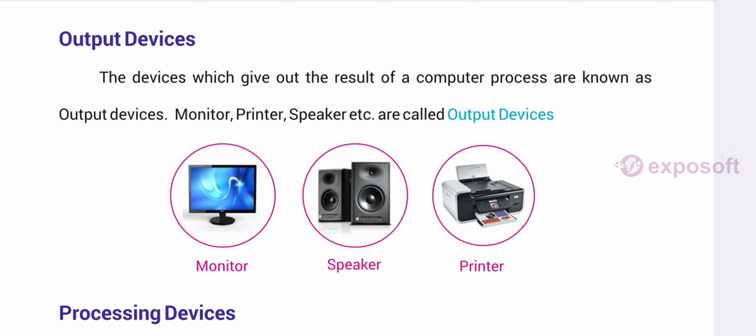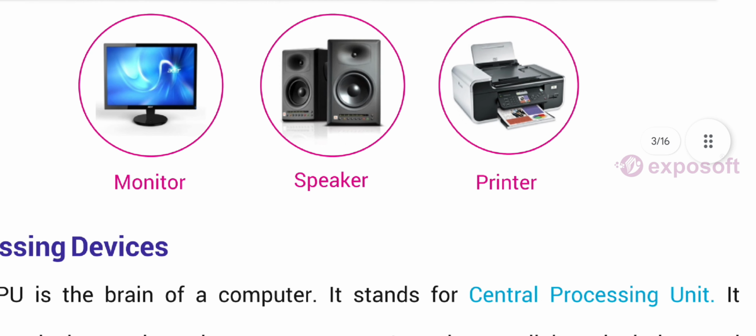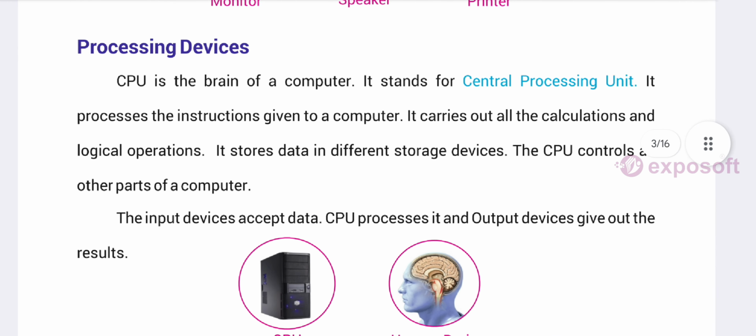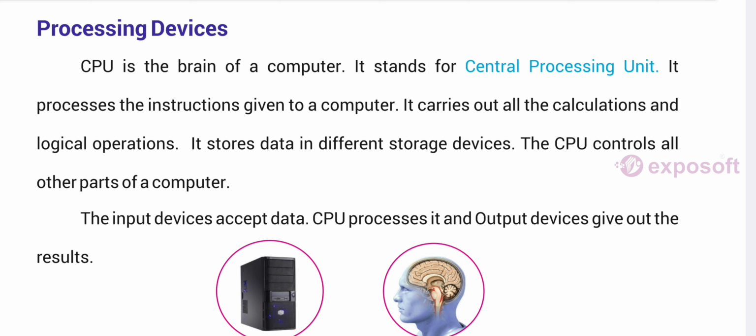Output devices. The devices which give out the result of a computer process are known as output devices. Monitor, speaker, printer, etc. are called output devices. Processing devices. CPU is the brain of a computer.